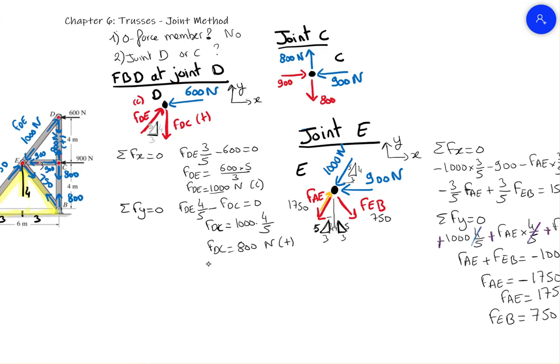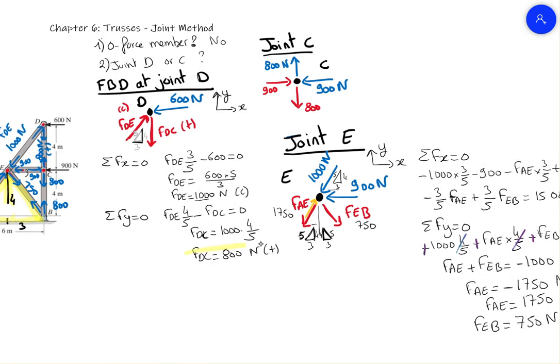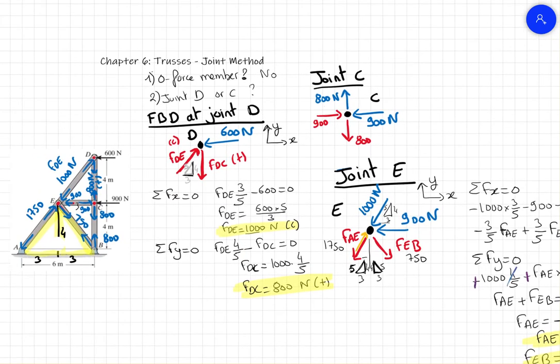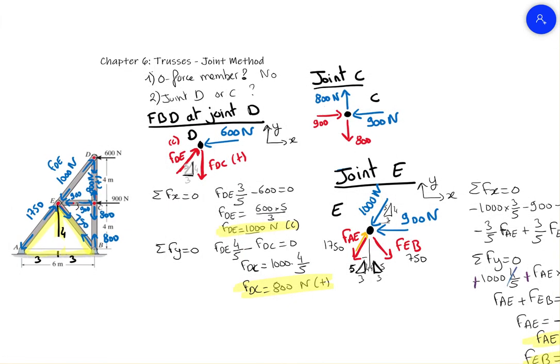So let's just highlight what we found. We found FDC equal 800 tension. We find FDE equal 1000 compression. We find FAE equal this compression, FEB equal this compression, and we need to write that FEC is in compression because it's pushing on the particle.